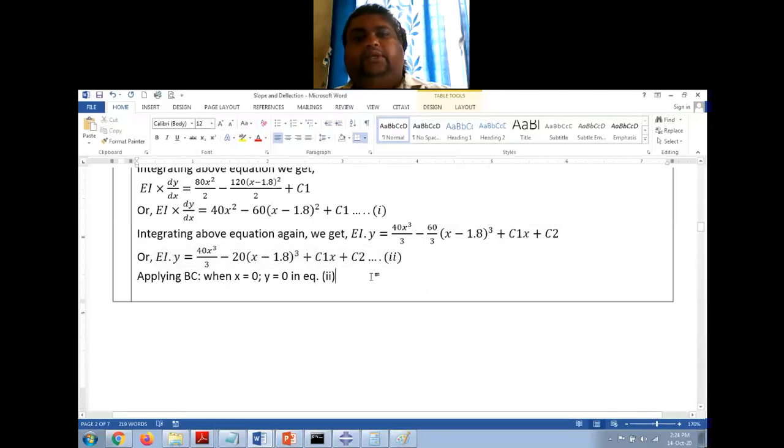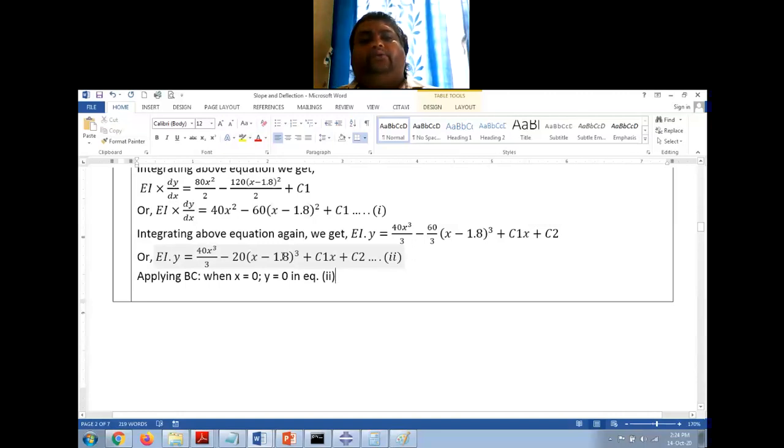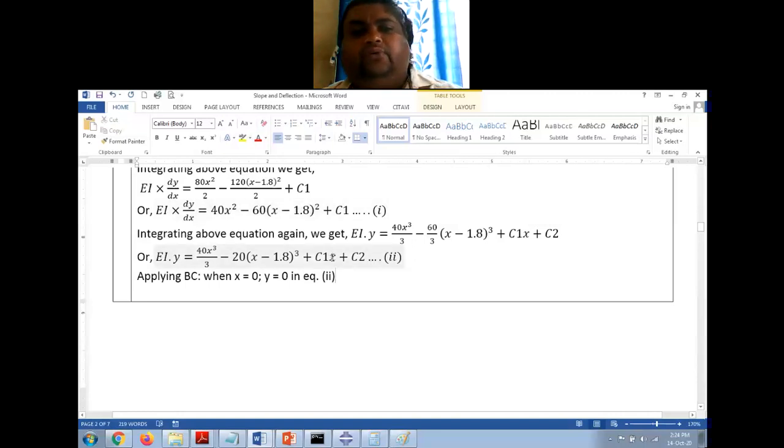That is this equation. See, in Macaulay's method, always try to apply the boundary condition for finding the constant in the second equation. Don't try to solve the first equation because we do not know the slope exactly where it is going to be 0, right?